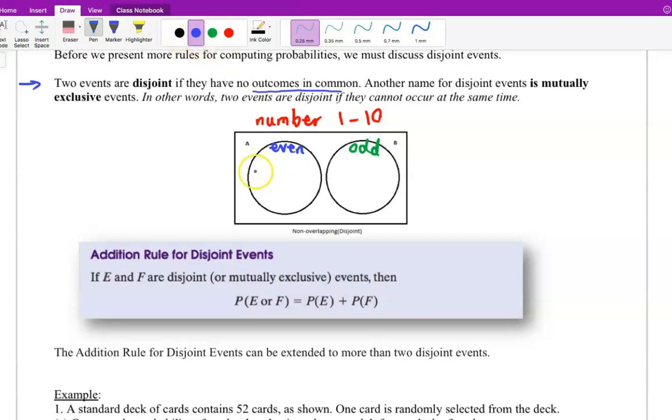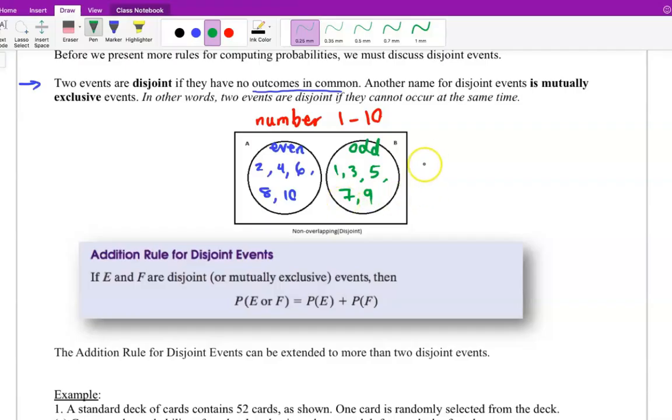So for even, using this sample space of 1 to 10, we have 2, 4, 6, 8, 10. And for odd, we have 1, 3, 5, 7, 9.